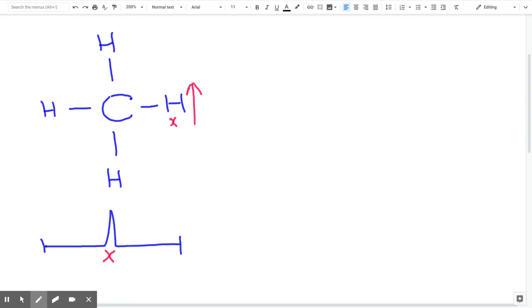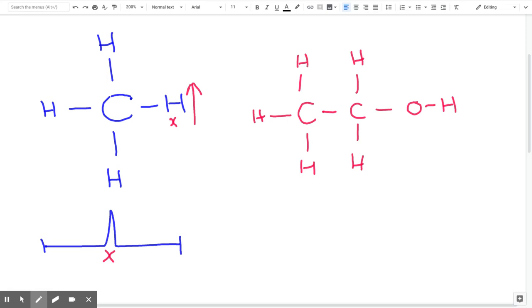So what we need to do is now look at an unsymmetrical molecule, and what we're going to do is look at ethanol. Now ethanol we're going to use continually throughout the building up of the complexity of NMR, but ethanol, hopefully you can immediately see, has, well, first of all, 6 protons. So there's more complexity in that situation. But due to the fact that this molecule is now no longer symmetrical, it has different types of proton.